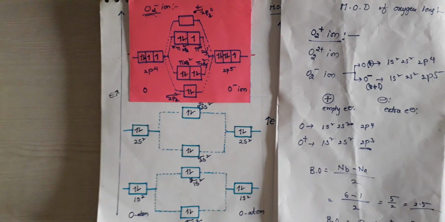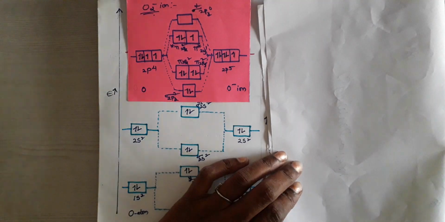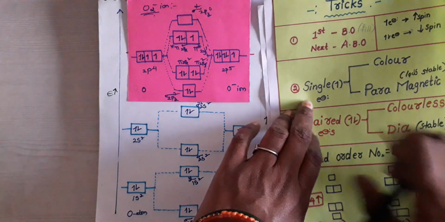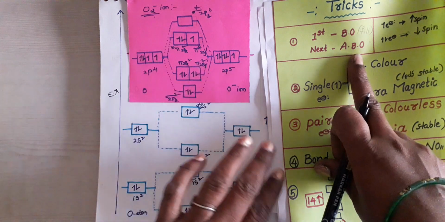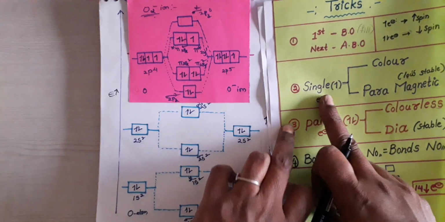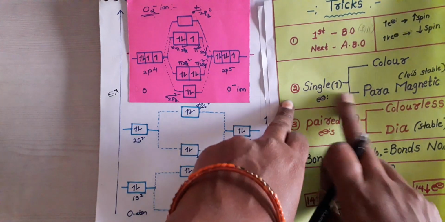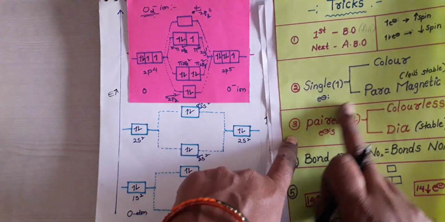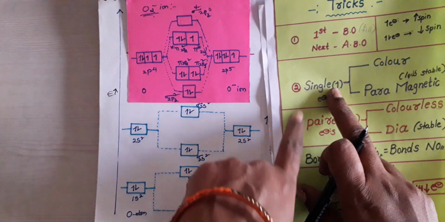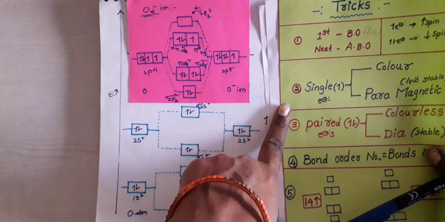Okay, see here, first the bonding side, next the anti-bonding side, that is the first trick. Next, single electrons are present. If single electrons are present, we are not considering the paired ones, just based on the single electron we have to write the properties.